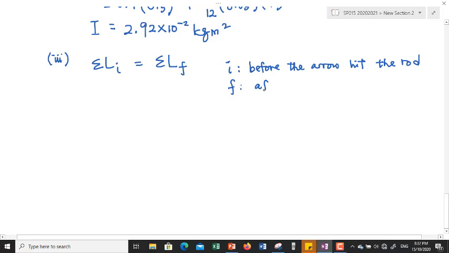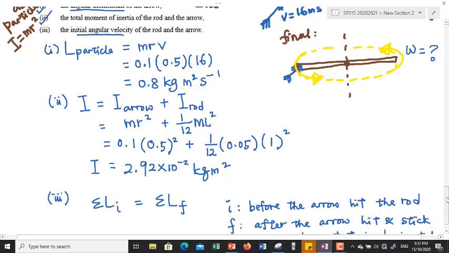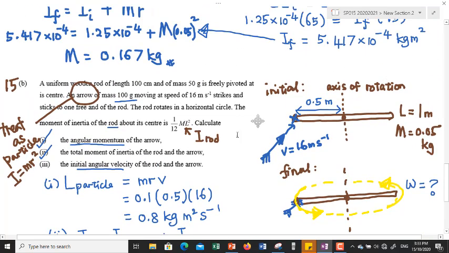Final is after the arrow hits and sticks on the rod, and then they rotate in a horizontal circle. Okay, like the picture the teacher drew at the top here. This is initial, this is final.